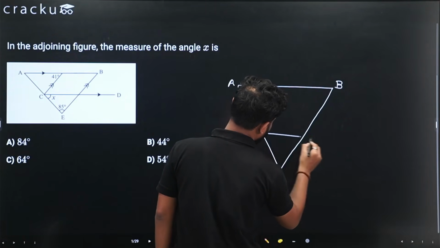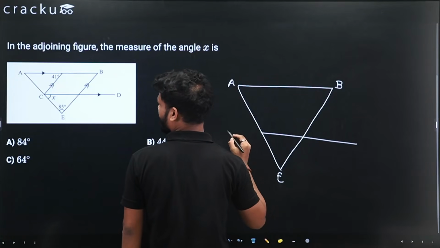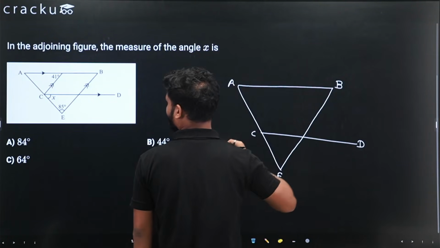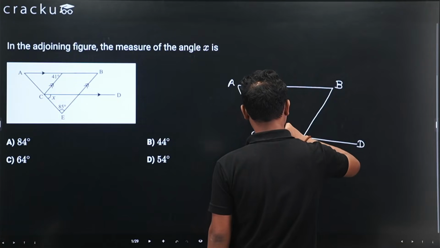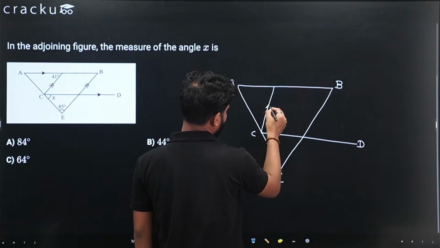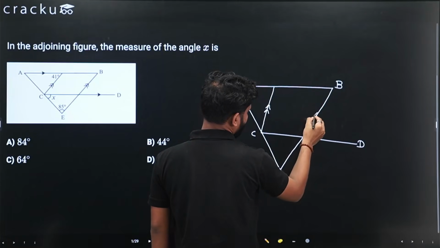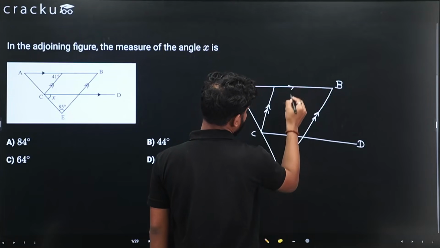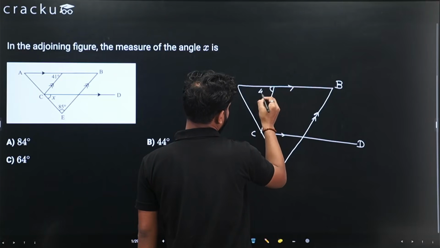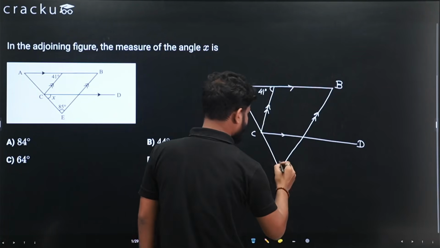Then CD, which is parallel to AB. Then I have this line which is parallel to this one. So these two lines are parallel and these two lines are parallel.